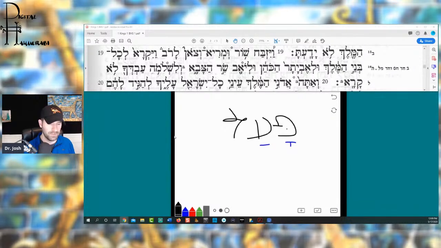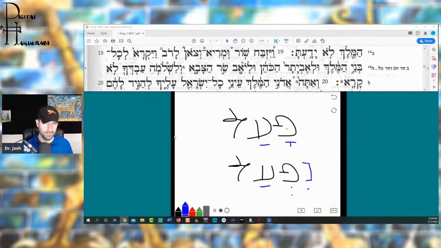If we keep that same root, pei, ayin, lamed, but we add nif'al. A nif'al form, if you've heard me say that, is passive. This is active, right? This is passive, nif'al. So if I say that's a nif'al form, it's referring to this vowel pattern, nif'al.